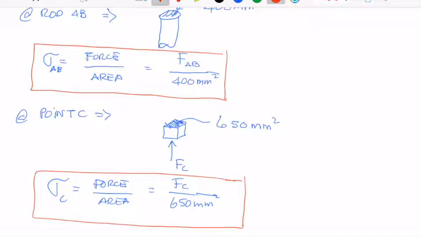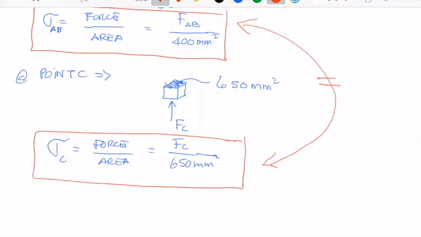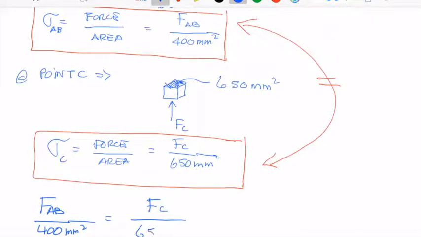So now the condition says that the stress at AB and C is the same. So let's go ahead and equate these two, and we have FAB over 400 square millimeters is equal to FC over 650 square millimeters.